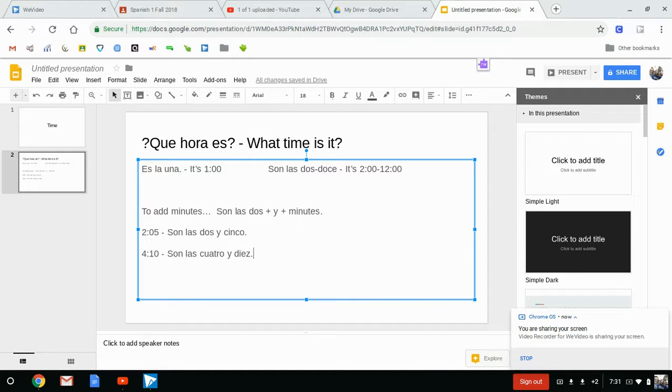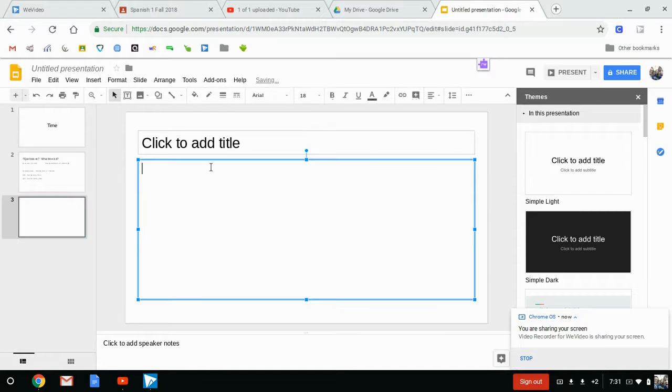So that's the basics. Now, if you want to say 15 after or 30 after, so that's like a quarter after and half past. If it is 15 minutes after, you can say y quince, that's fine, but I want you to also be aware of y cuarto.